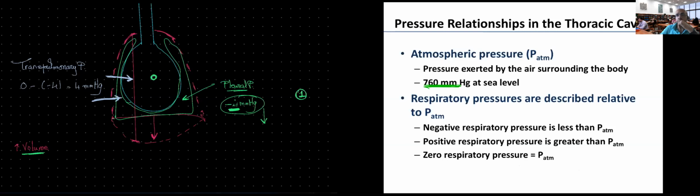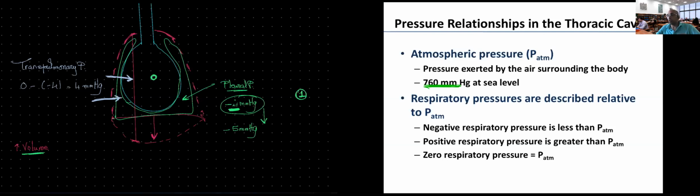My intrapleural pressure is -4. It decreases by 1 millimeter of mercury. So what's going to be the intrapleural pressure after I contract the diaphragm? It's going to become -5 millimeters of mercury.